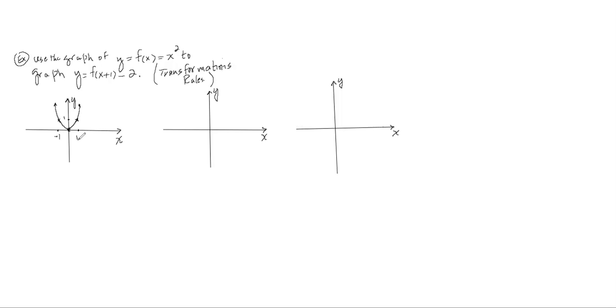Now, your first step, I'm going to do this in orange, x plus 1. What kind of transformation is this? Adding 1, to the left. Exactly. If you're adding 1 to the x, it goes to the left. So take each one of these points that you have here, move it 1 unit to the left. So that one goes here.